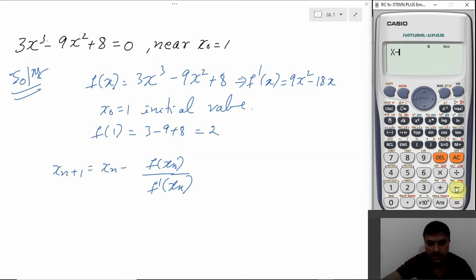I'm going to fix the x value, minus, next take the division value, just put f of x. What is f of x? 3x cube, so I take cube. The next, minus 9 alpha x square plus 8.